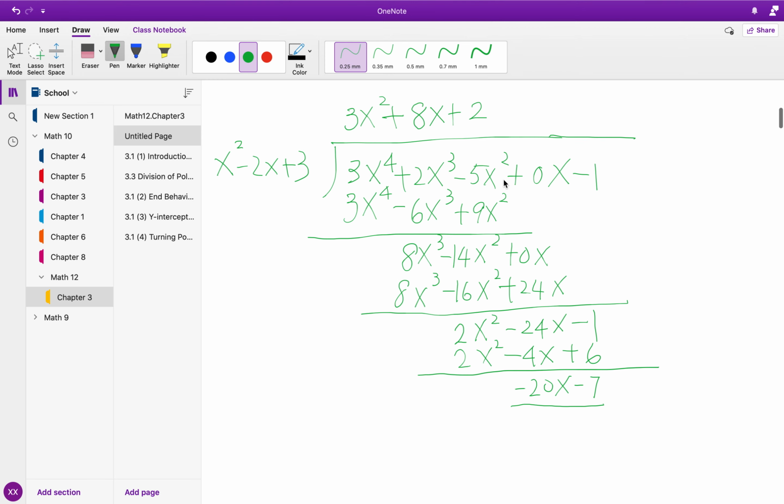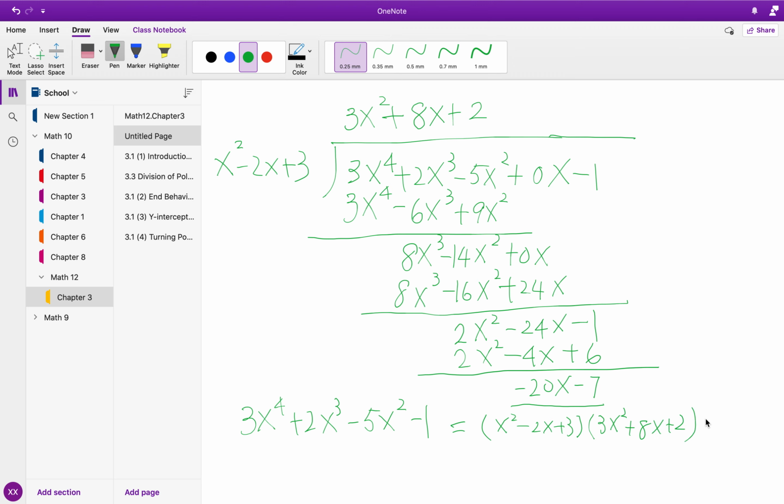So now if we write this whole thing out, your dividend right from the beginning, 3x to the power of 4 plus 2x to the power of 3 subtract 5x to the power of 2 subtract 1, equals your divisor x squared subtract 2x plus 3 multiplied by your quotient 3x squared plus 8x plus 2.